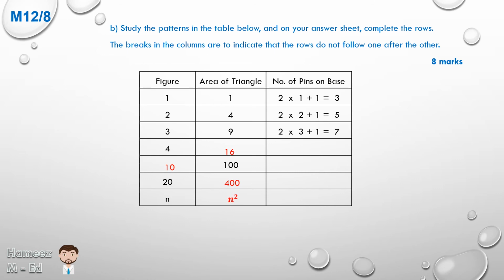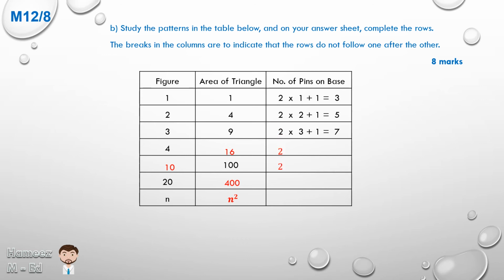Now let's look at the number of pins on the base, which was held on the geoboard in order to make the triangle. So if we look at the first three rows, figure 1, 2, and 3, we should be able to pick up a pattern. And that sequence is that there's a 2 as a first in each.